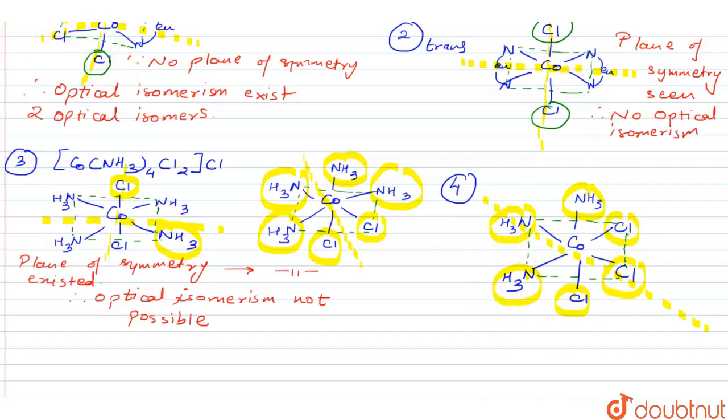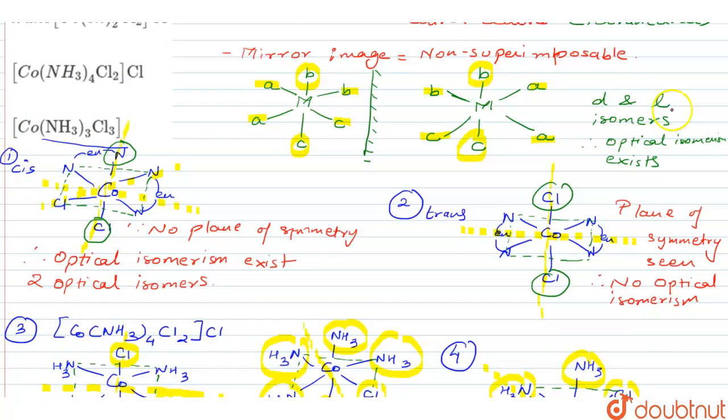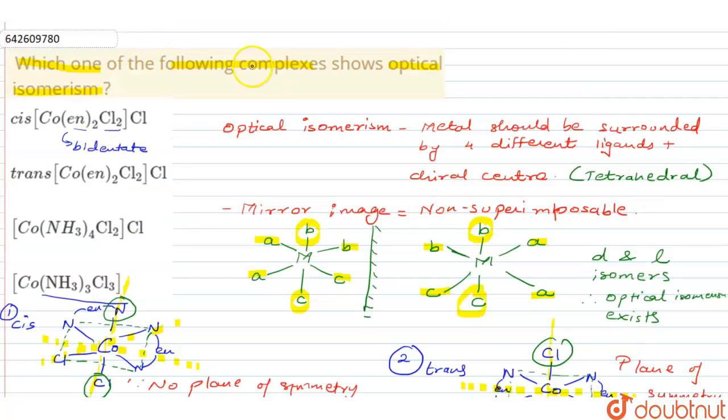So again, the plane of symmetry exists, and hence there will not be optical isomerism. So in short, for this particular question and for the given options, we have made our final answer, and that is option number 1. That's your cis cobalt species, which is the only one which will be showing optical isomerism.